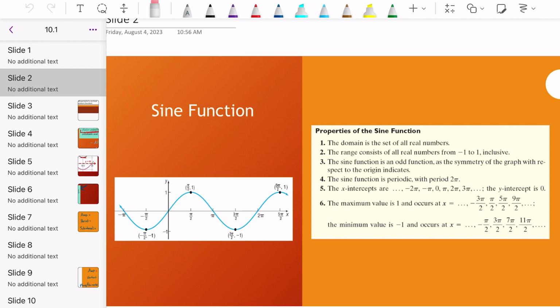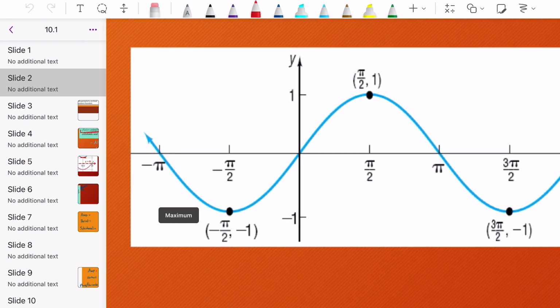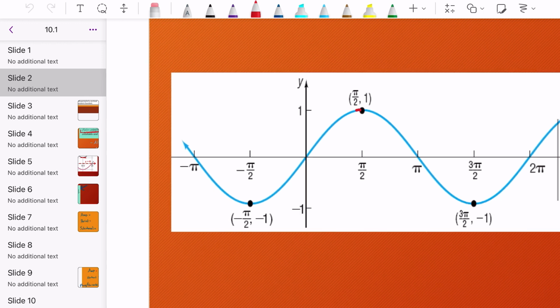When we are looking at the symmetry of a sine function, the first thing that we have to be able to understand is that it is an odd function, which means that when we look at the graph, it is going to reflect over the origin. So as you notice, it goes down through the origin and into the third quadrant.